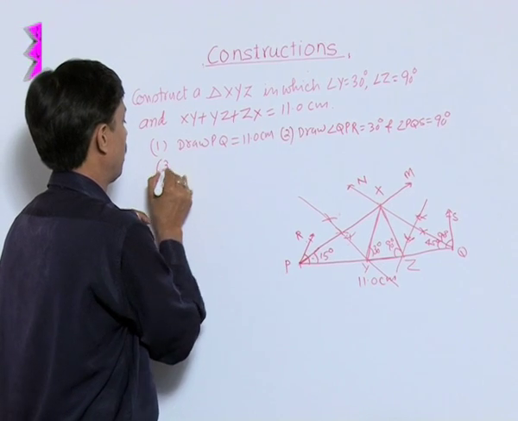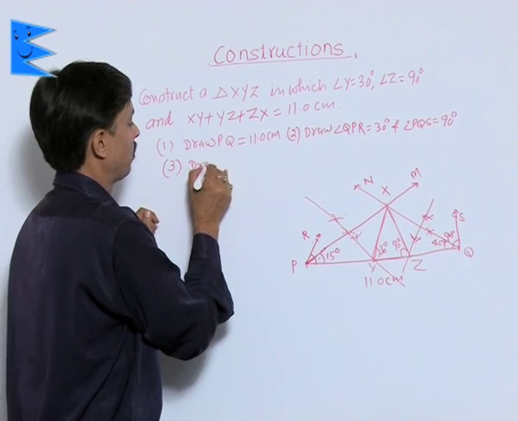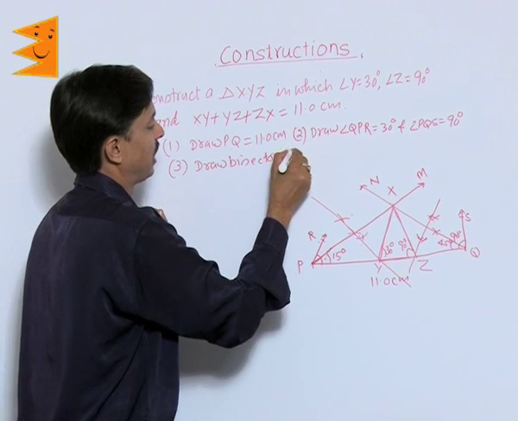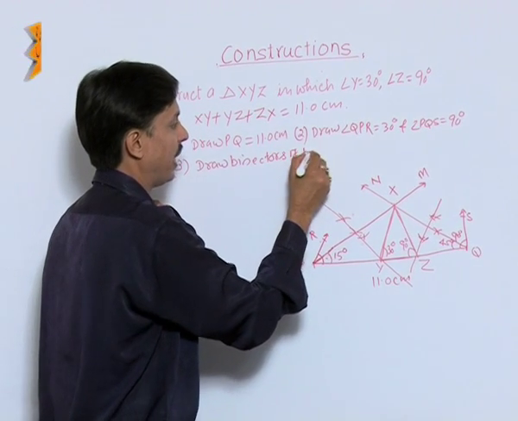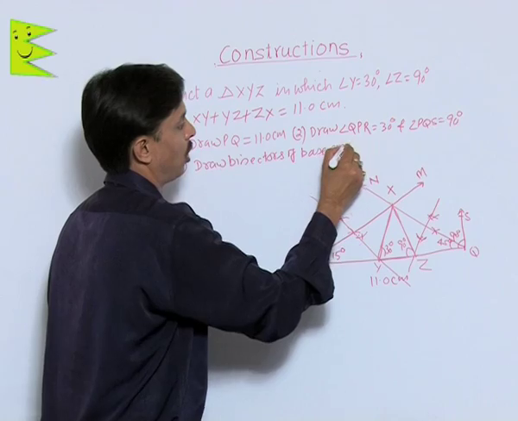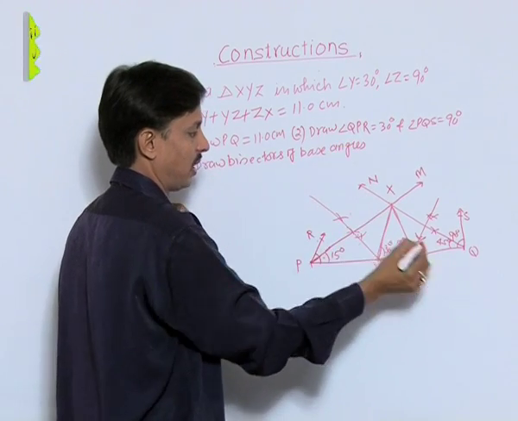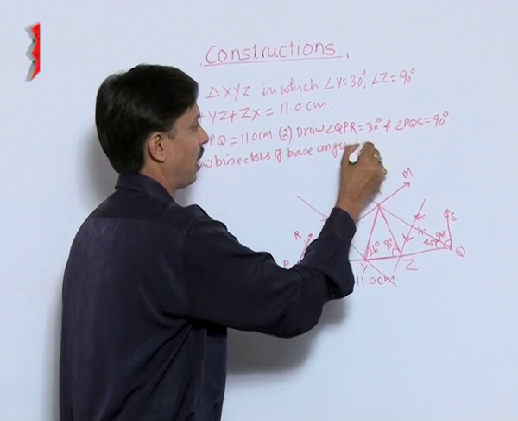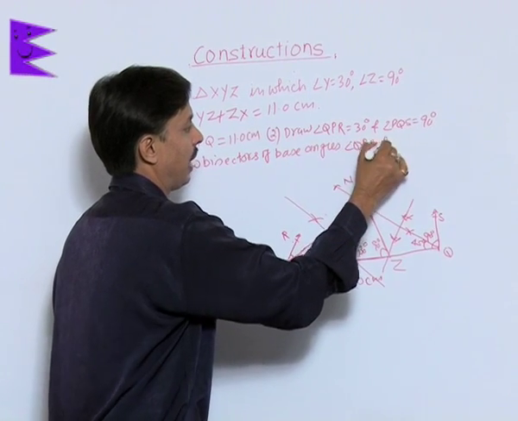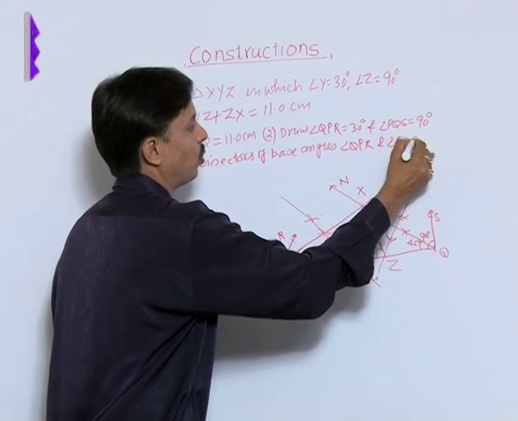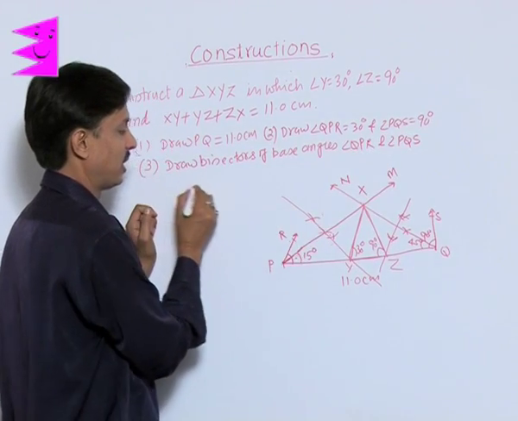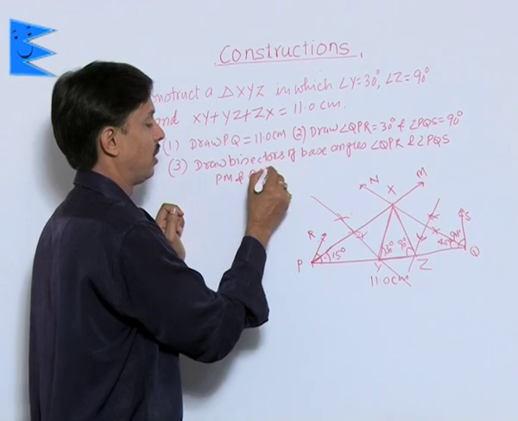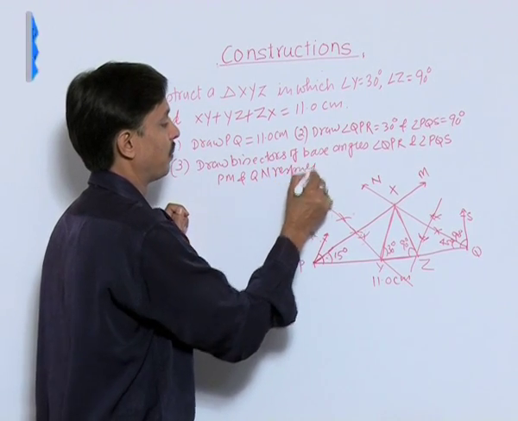Third step, draw bisectors of the base angles, that is angle QPR and angle PQS. The bisectors are PM and QN respectively.